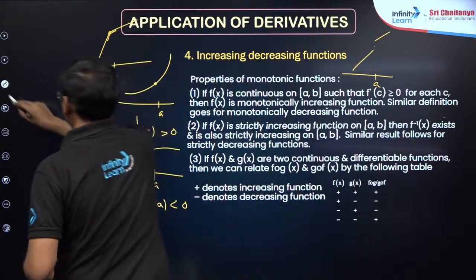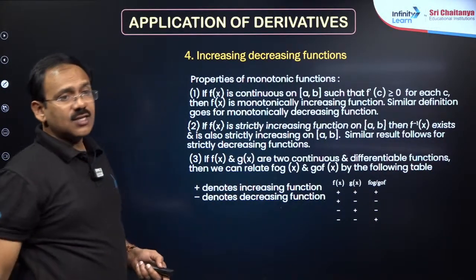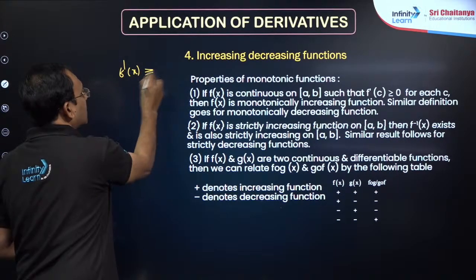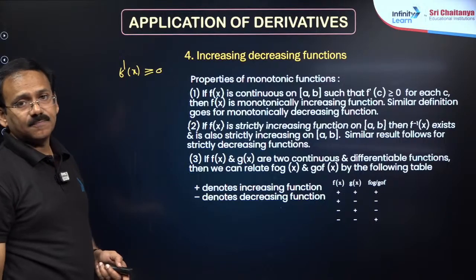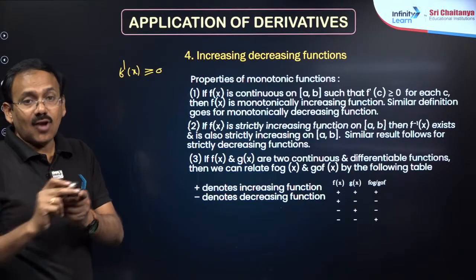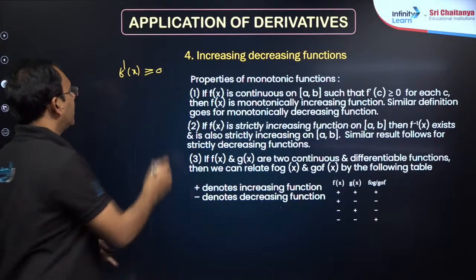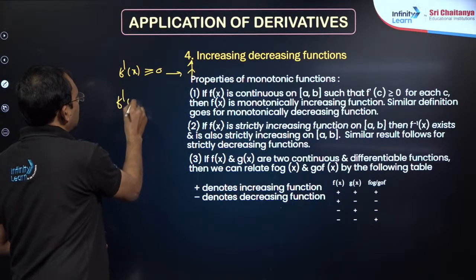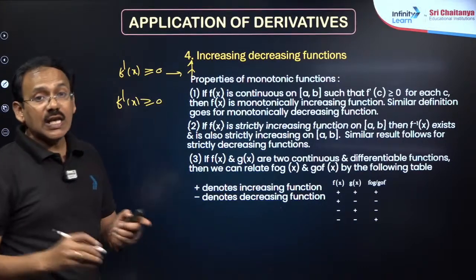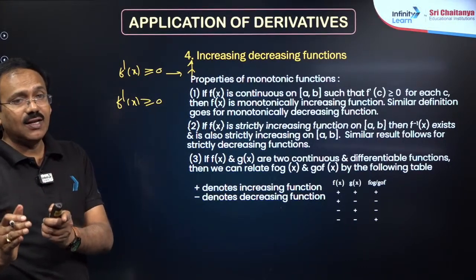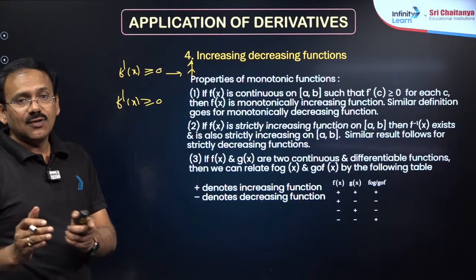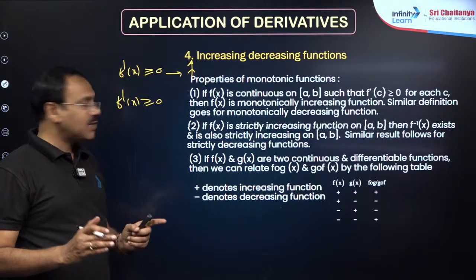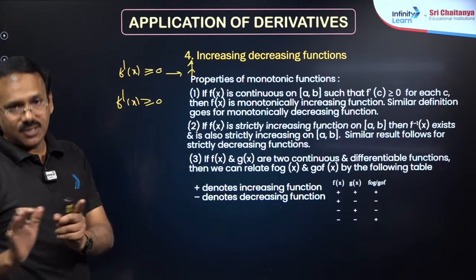Next, in an interval, increasing means f dash of x is greater than or equal to 0, where equal to 0 happens here and there, at discrete points, not over an interval; then we can say the function is strictly increasing. If f dash of x is greater than or equal to 0, where equal to 0 happens over some interval, then in that case you can say it is increasing, not strictly increasing.